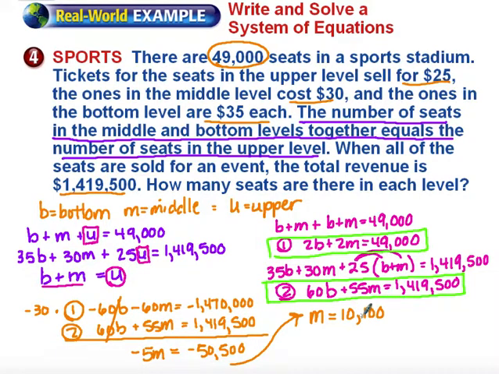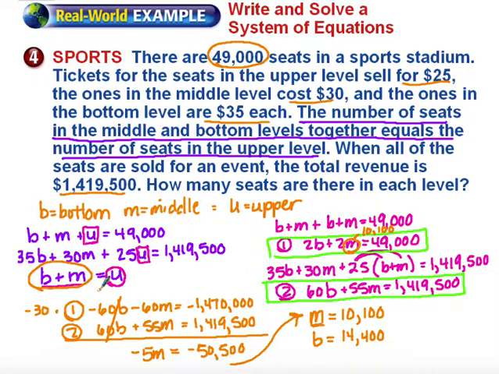All right, now what I'm going to do is take either equation 1 or equation 2. I'm going to replace that m with 10,100. And when I solve for b in equation 1, I'm going to end up with 14,400 seats. And over here it says, well, b plus m is equal to u.